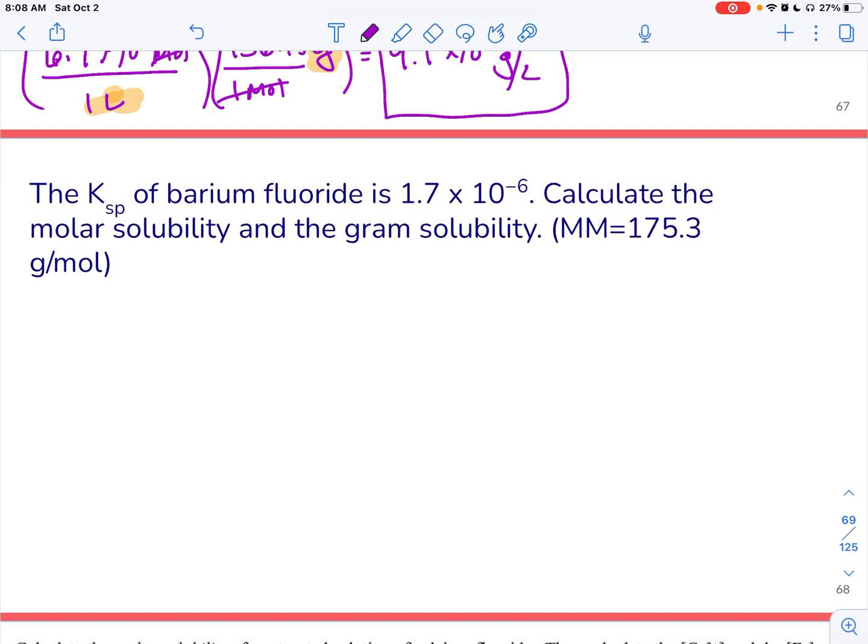So let's try another one, very similar to that. So we'll start with our solubility expression.